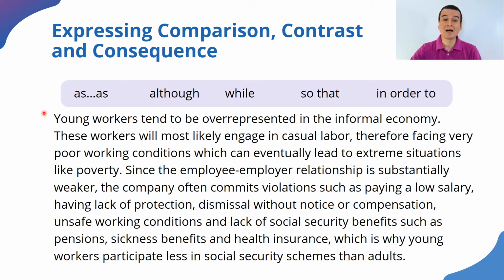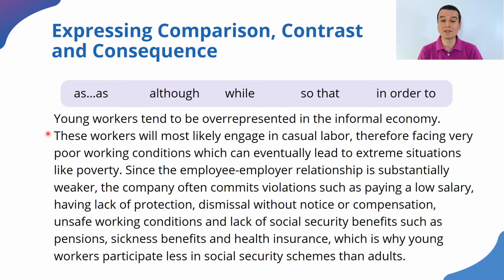So let's read together what the text that is going to inspire you is. It says, young workers tend to be overrepresented. That means that there are many young workers in the informal economy, not the economy in which there is a formal job, but informal economy like people working on the streets or helping other people without a formal employment relationship.